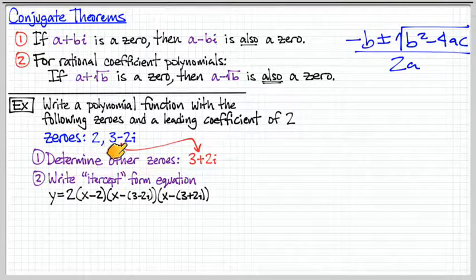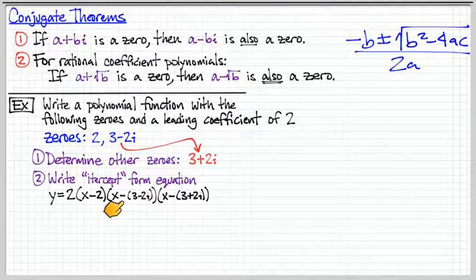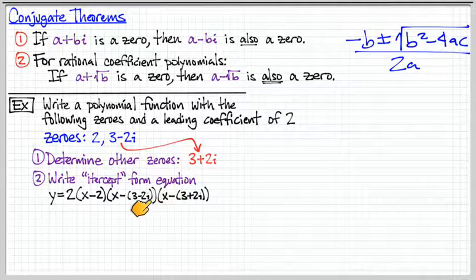I can write this zero as a factor x minus 3 minus 2i, and this other one I could write as x minus 3 plus 2i. So I have 3 factors here, and this is something we haven't seen in the past, a factor which has a complex number in it. But we can write this out like this, and now we're going to expand it out.